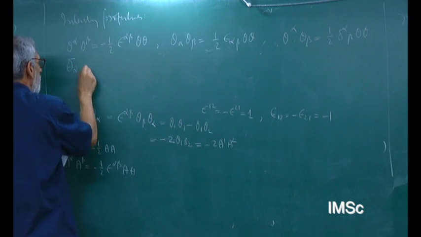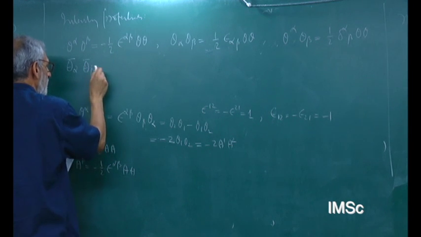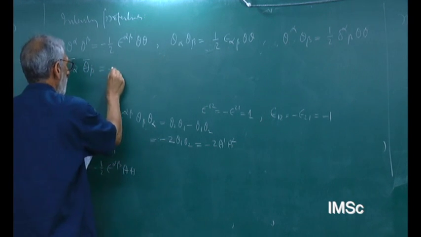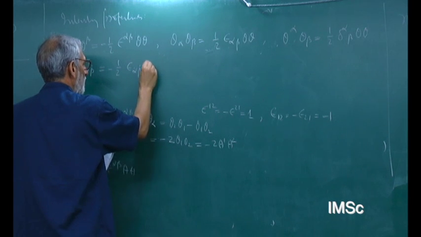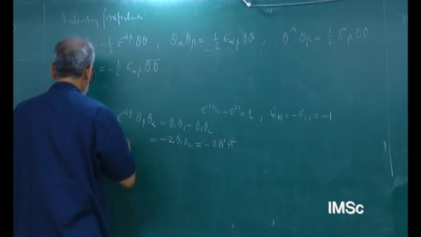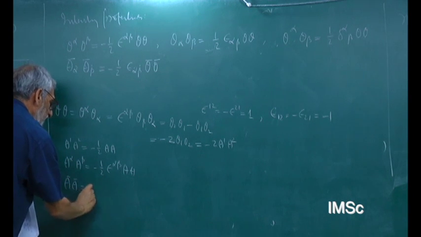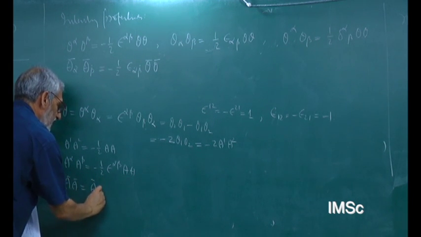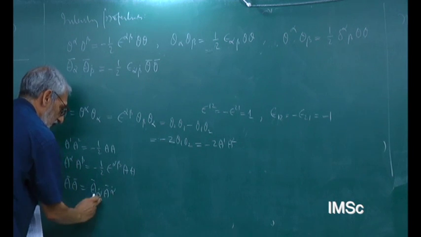Theta alpha bar, theta beta bar, alpha dot beta dot is minus half alpha dot beta dot theta theta, where theta theta is shorthand for theta bar alpha dot down up.